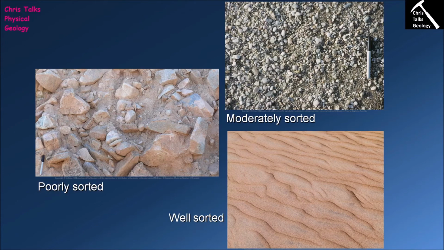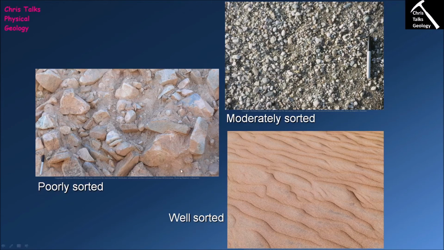Now, the other factor we can look at is the size of the clasts. Once again, you will notice that we have a change in size. Our poorly sorted sediment over here obviously has quite a large range of sizes, whereas our well-sorted sediment over here has a smaller range of sizes. And once again, as I just mentioned, that's all to do with the length of transport.